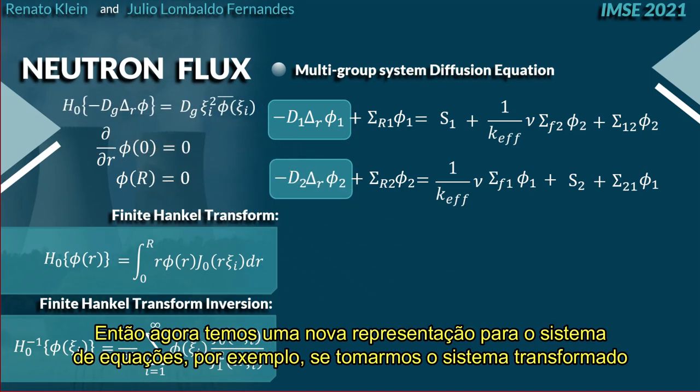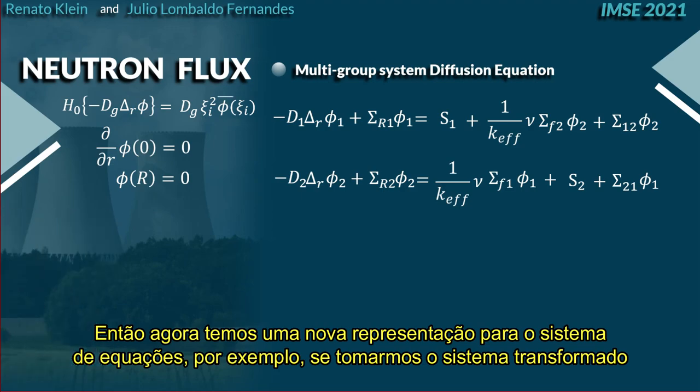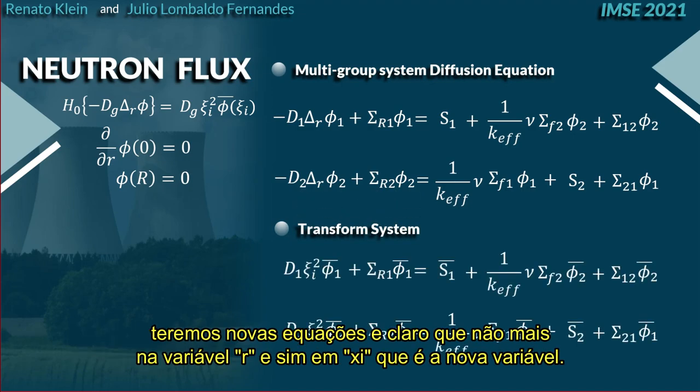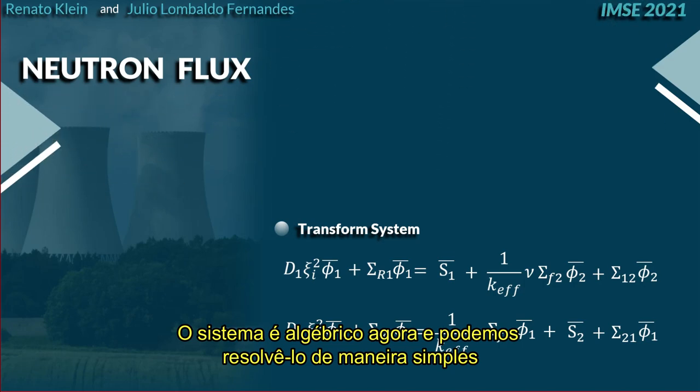So we have here another representation for the system of equations. For example, if we take the transform of the system, we have the new equations. Of course, here it is no longer in R, it is in Xi, a new variable, and the system is algebraic now. We can solve this one. It's really easy to understand.